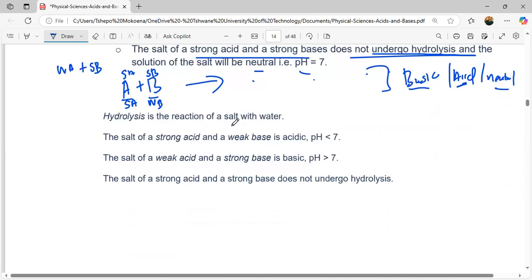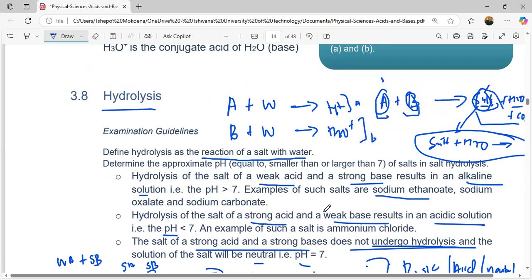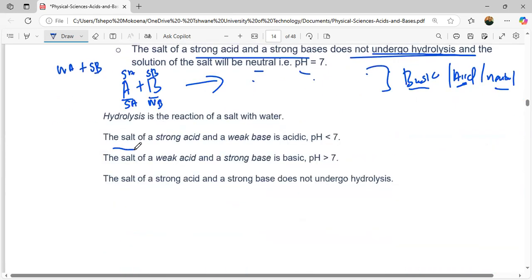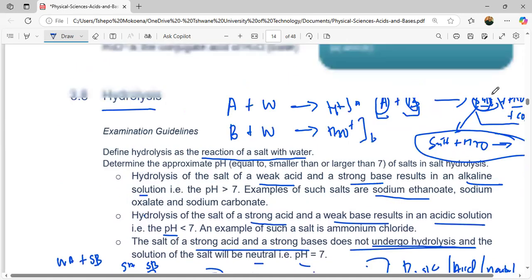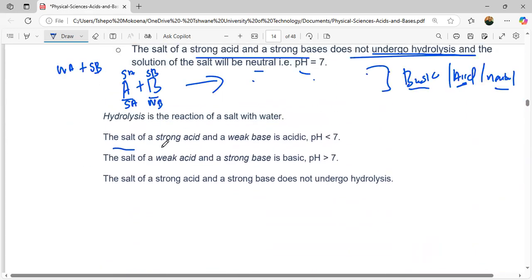So now let's come here. Acid and base form salt. Now, the salt that was formed here was made by a strong acid and a weak base. Meaning, if you take a strong acid and react it with a weak base, you form salt and water, of course.